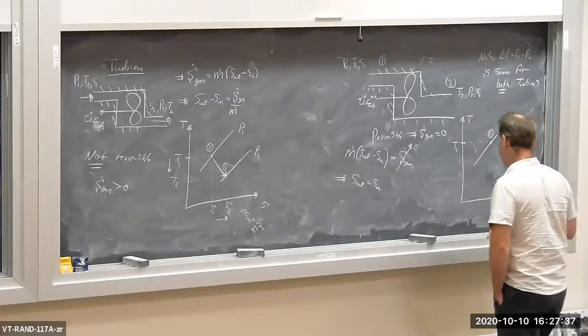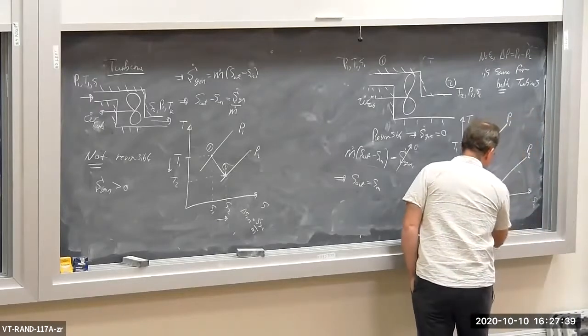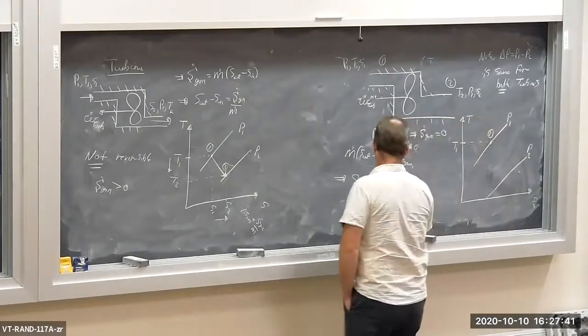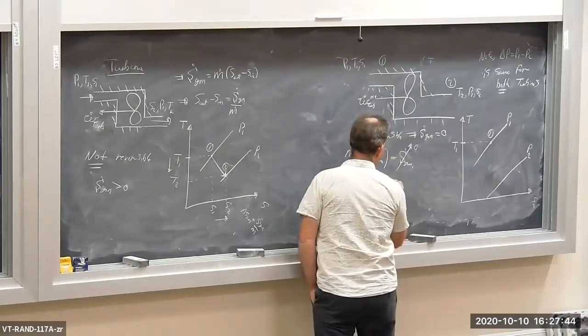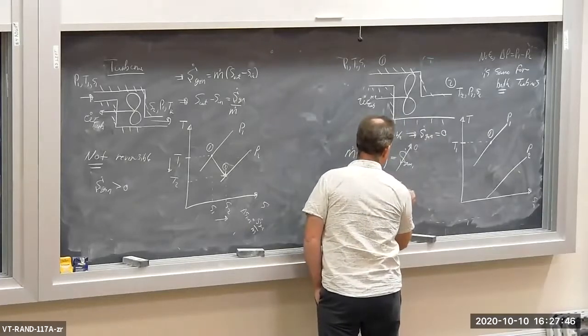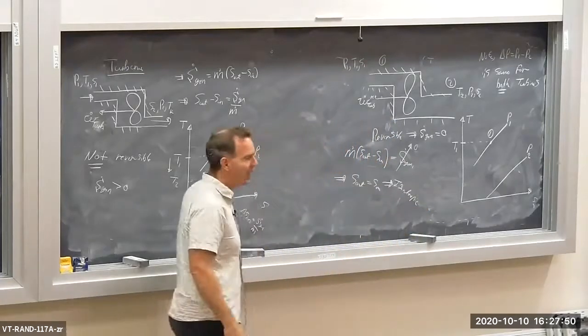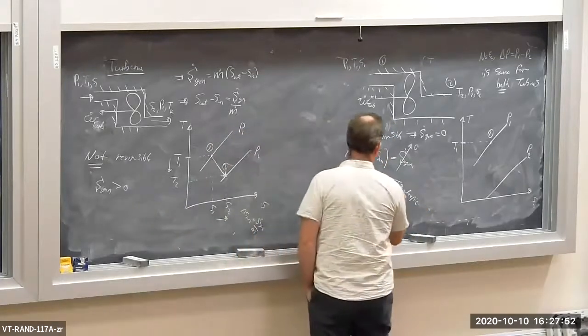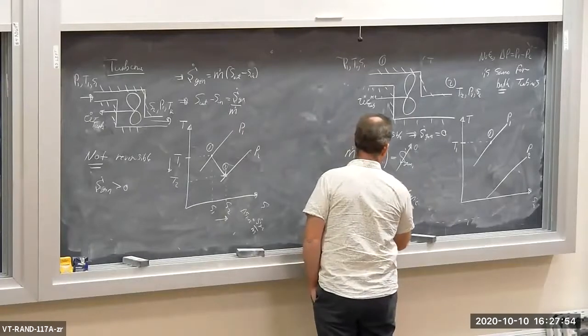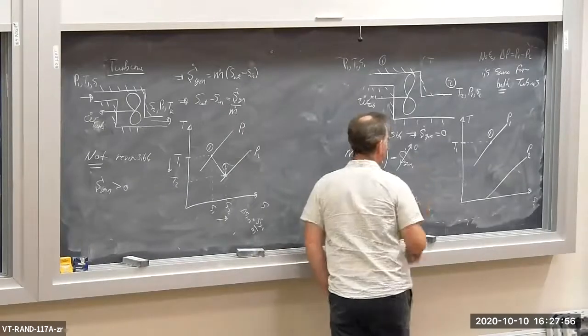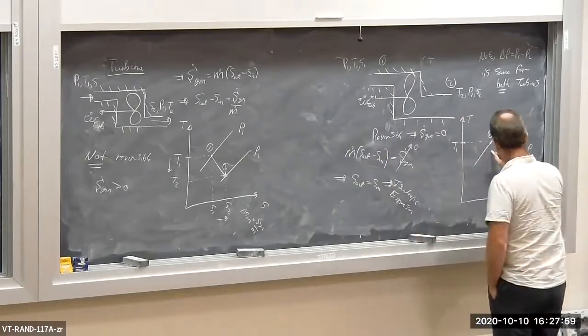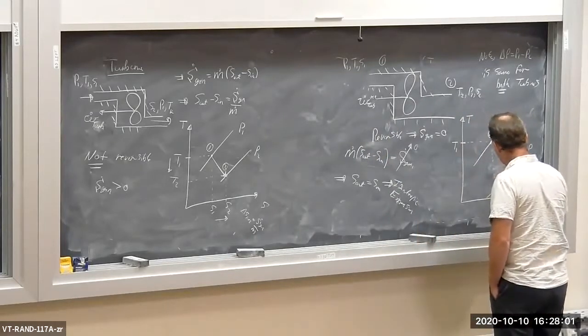And because S out is equal to S in, this is isentropic. It's isentropic expansion in the turbine. Pressure's falling, so it's expansion. And so the process looks like this.